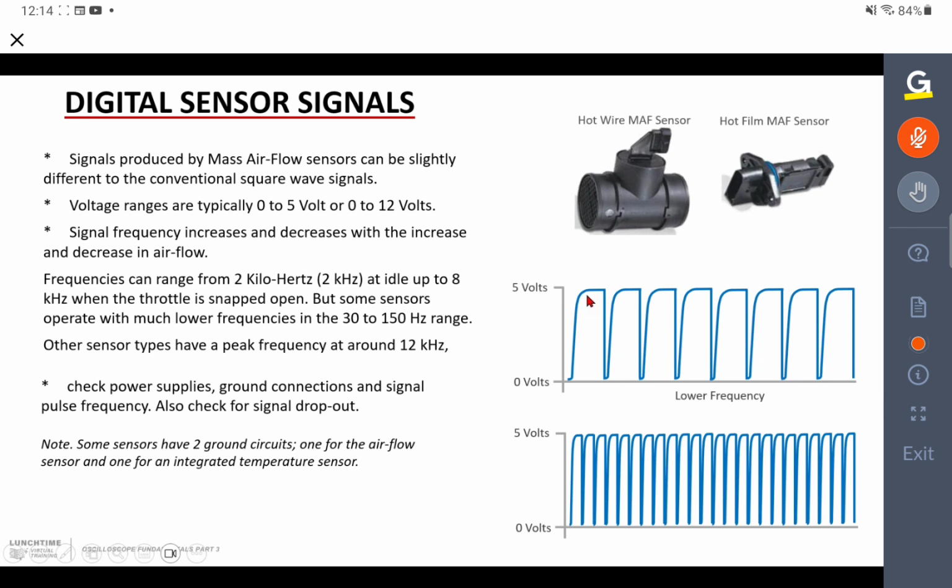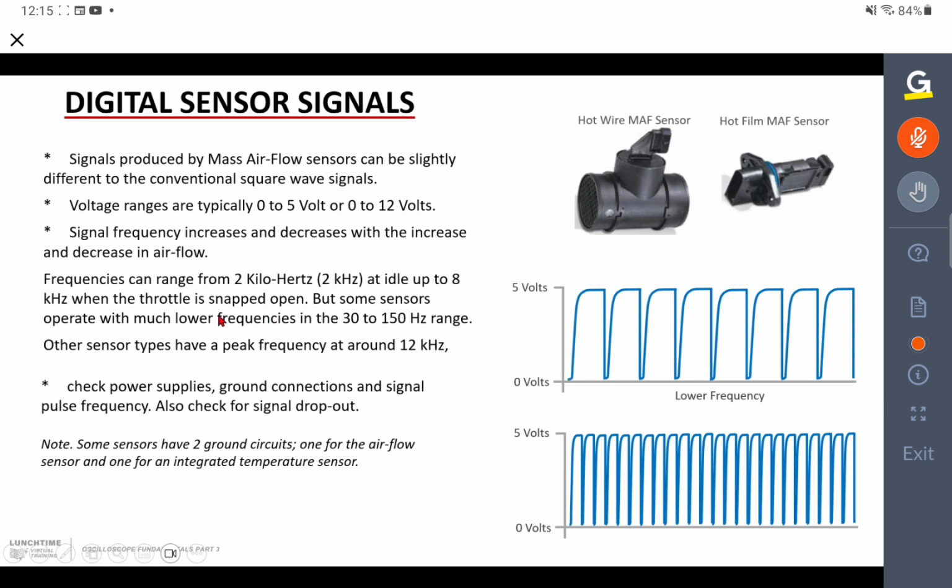And the voltage ranges typically, okay, we're looking at 0 to 5 volts. Some of the MAF sensors do actually operate on 12 volts, so it's either going to be 0 to 5 or 0 to 12.